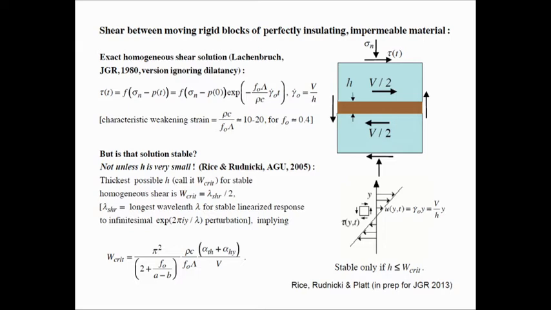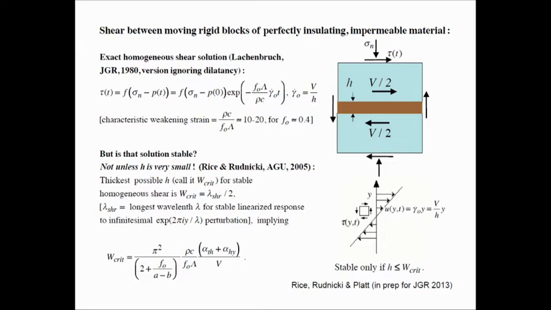So what we found, however, is that this solution is not a stable one. And in particular, by looking at the perturbed response of that system of equations to small perturbations about this uniform flow, we can figure out a critical wavelength, and what's more interesting is sort of like a half wavelength, because that's what you could fit into a zone like that, which is given by this expression.